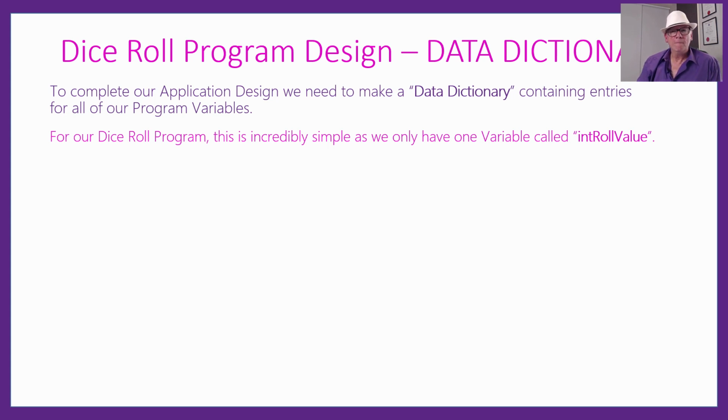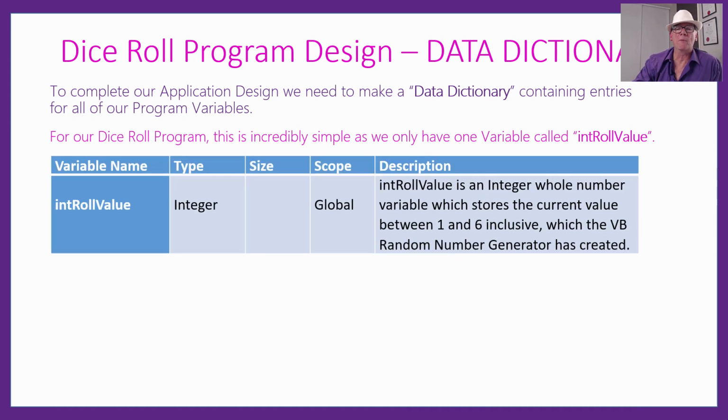All right, so for this one we're only actually going to have one data dictionary entry because we've only got one variable. But if we had other variables, like in stage 2, we're going to add counters to count how many times 5s have come up and count how many times 2s have come up. Each of those counter variables would have to go in the data dictionary later on.